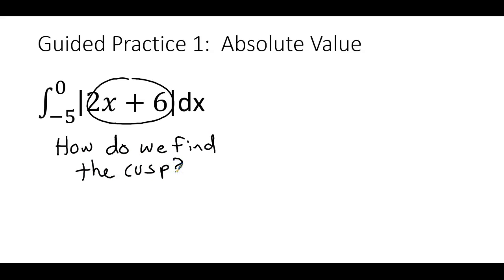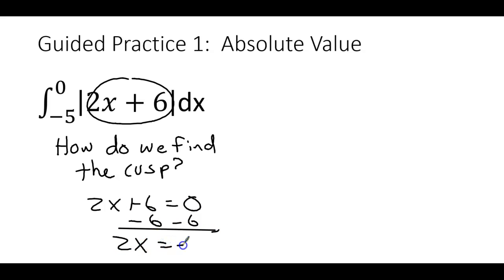How do we find the cusp? All right, so you set the 2x plus 6 equal to 0. And so we end up with x equals -3, right?